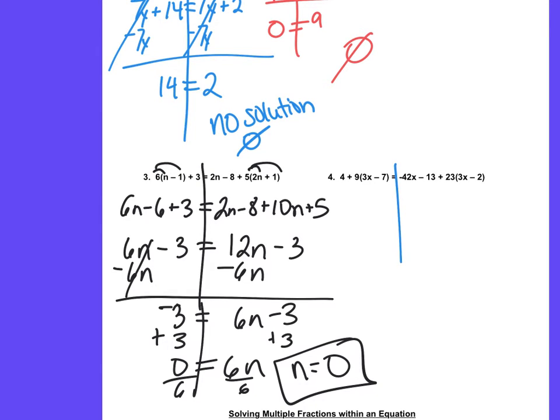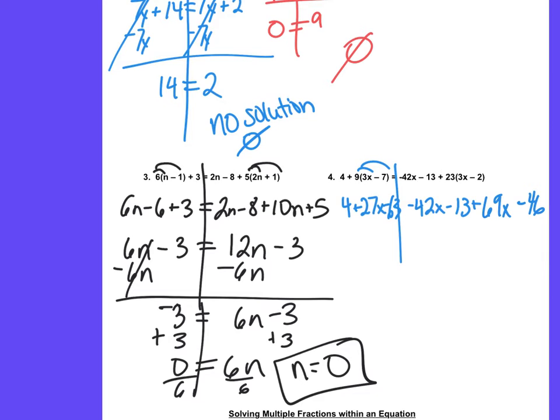And then the last one, first step is distribution. So we've got 4 plus 27x minus 63. I'm running out of room. And then we've got negative 42x minus 13 plus 69x minus 46.